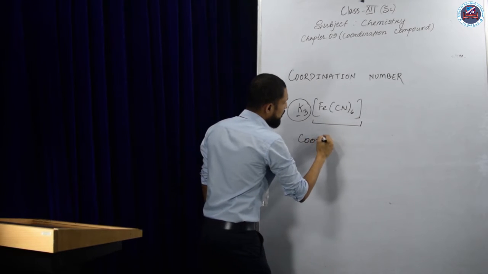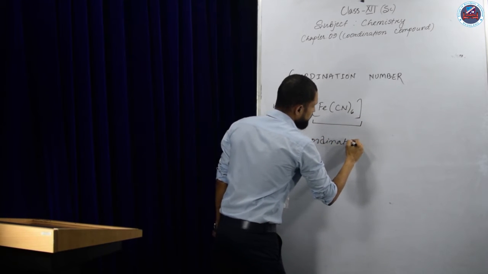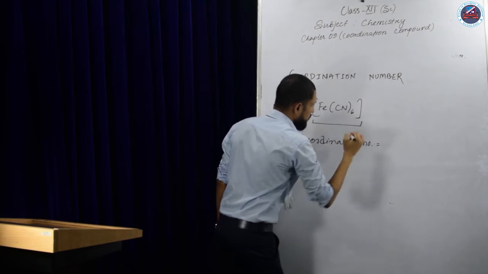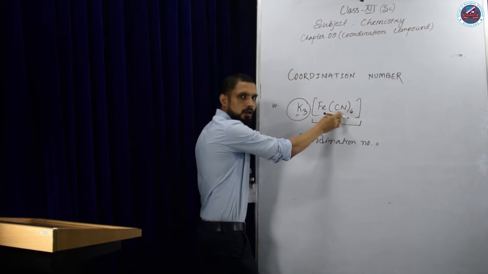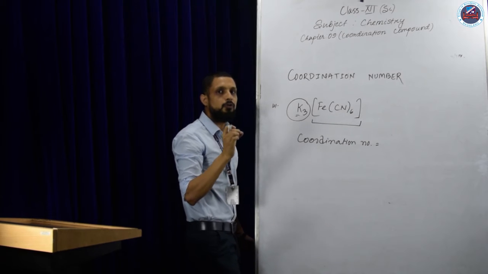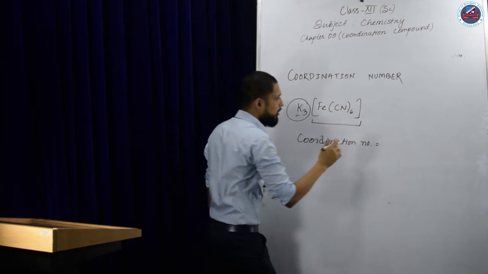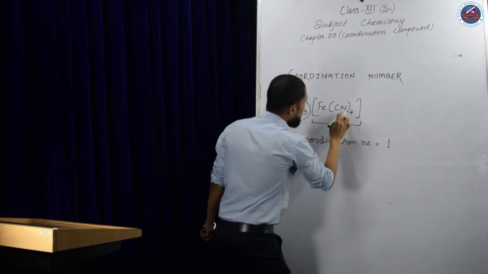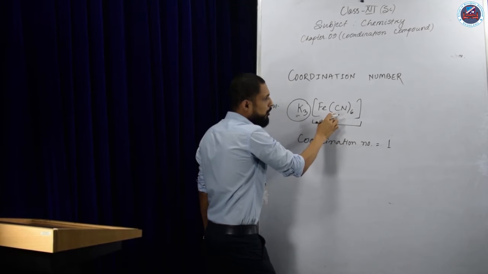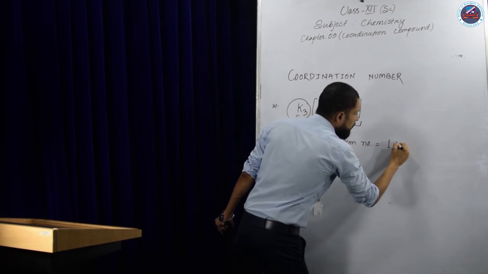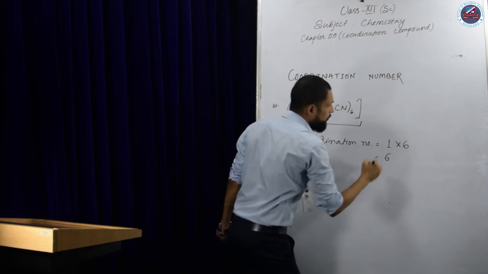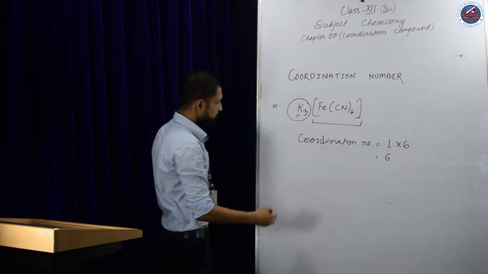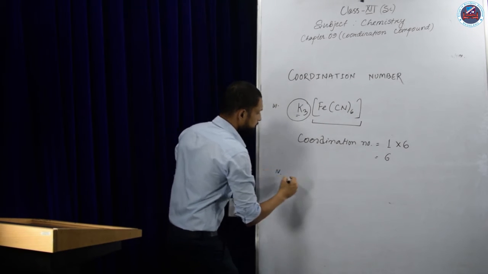So the coordination number of this compound is equal to, you have only one type of ligand, that is CN, and each CN will contribute 1 to the coordination number. So it will be 1. You have 6 CN. So the total contribution will be 1 multiplied by 6. So the coordination number of this compound is equal to 6. Next example.